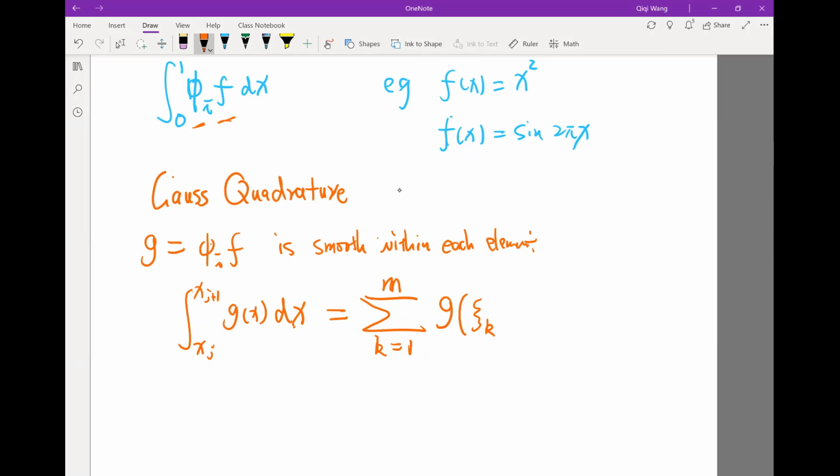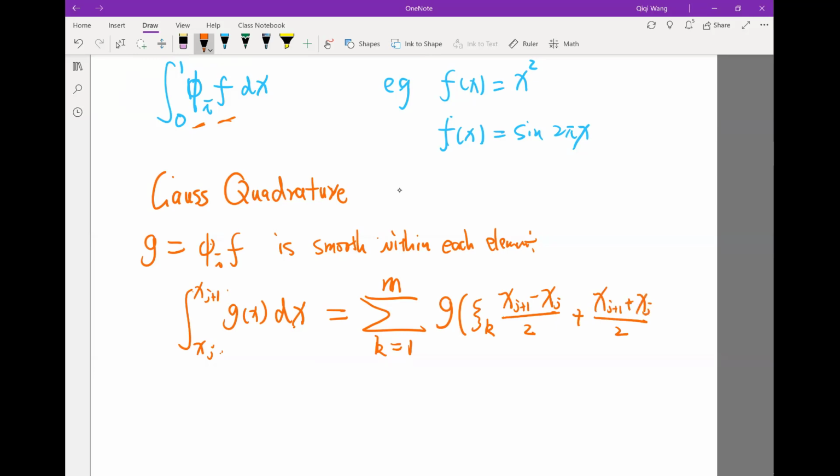The c_k is basically spaced between -1 and 1, but we linearly scale c_k so that it fills the interval between x_j and x_{j+1}. That means we multiply it by the half width of the integral domain, and then shift it to the center of this integral domain.